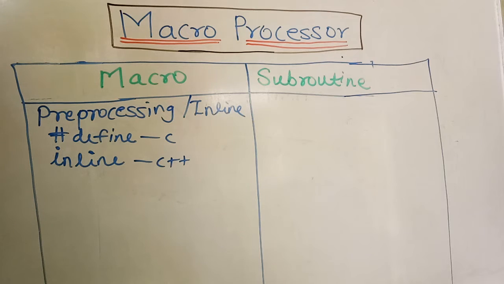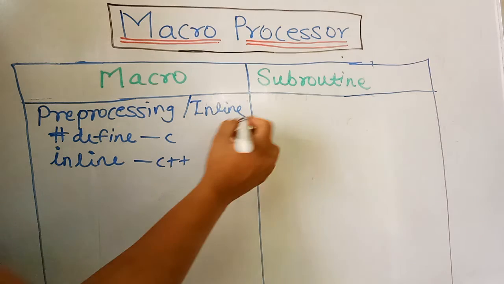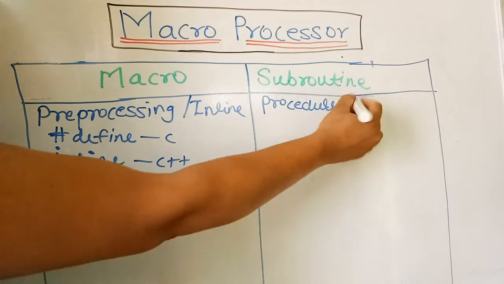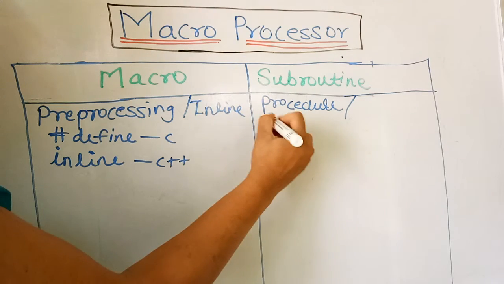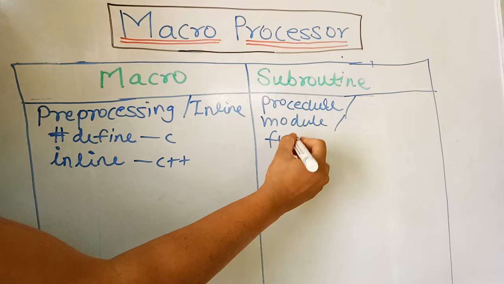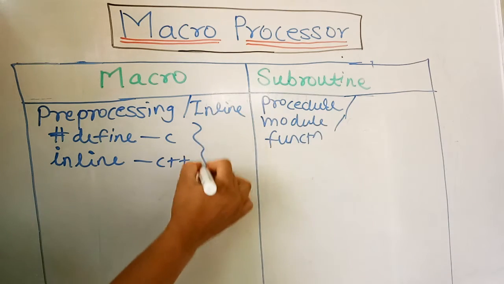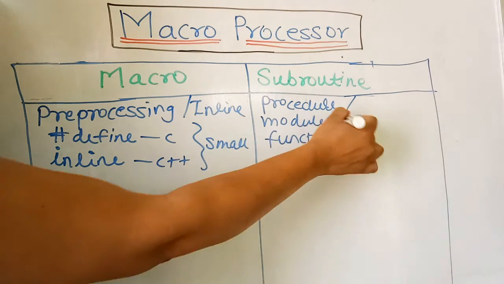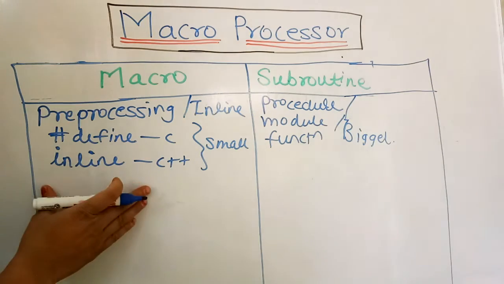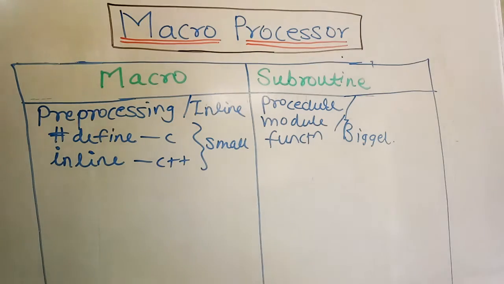Comparing it with the subroutine, a subroutine is called a clear-cut, big procedure or module, or it is known as a function. Means a macro is a small part, and a subroutine is a bigger part. It has a small definition, while the subroutine has a larger definition.